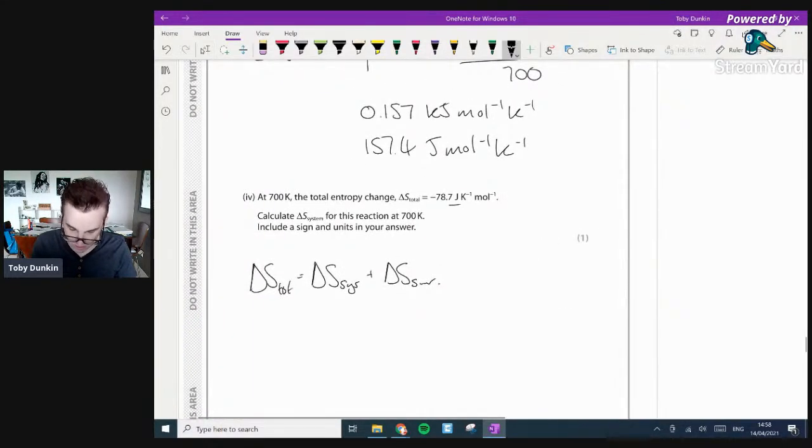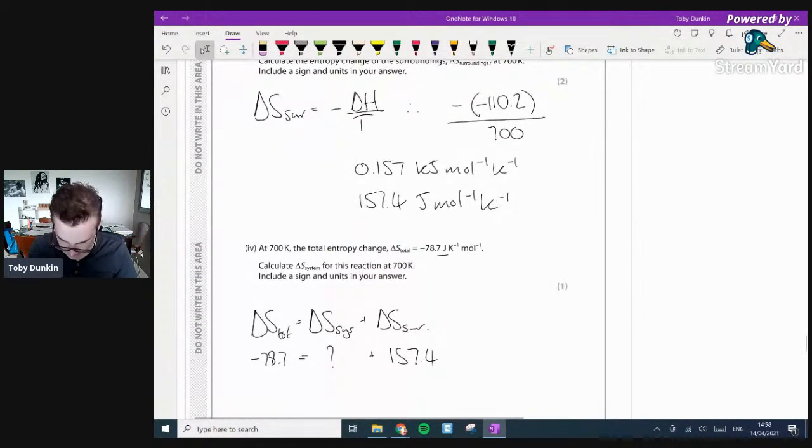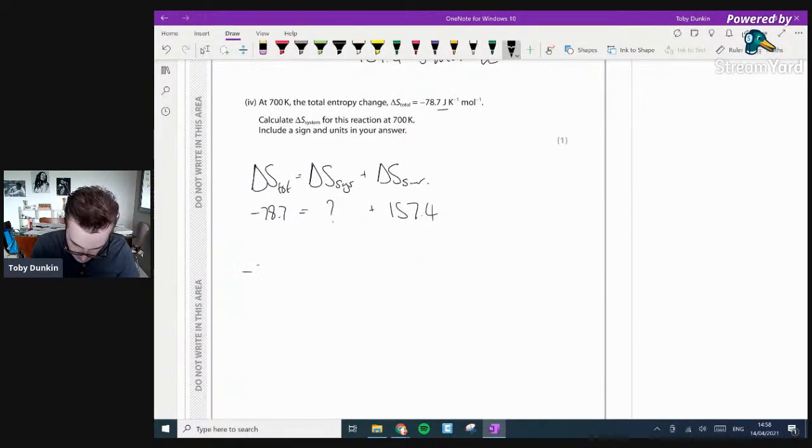Notice that the total is being quoted in joules. We've been given the total, minus 78.7 joules per Kelvin per mole. We've not got the system, but we have got the surroundings. Reorganize: minus 78.7 minus brackets plus 174. Because that's always a plus, isn't it?